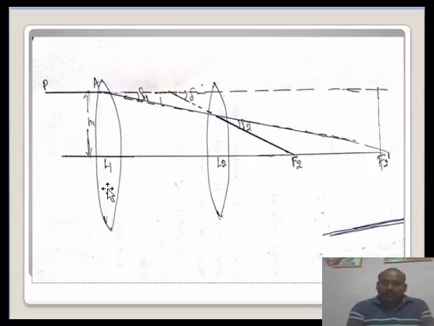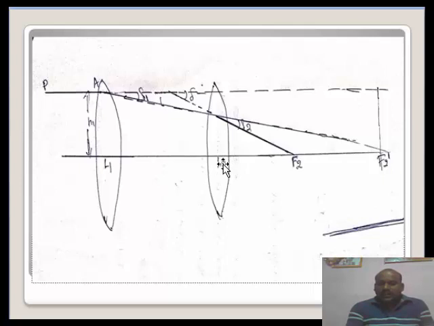After it is refracted again by the second lens, it meets the principal axis at F2. Are you getting my point?